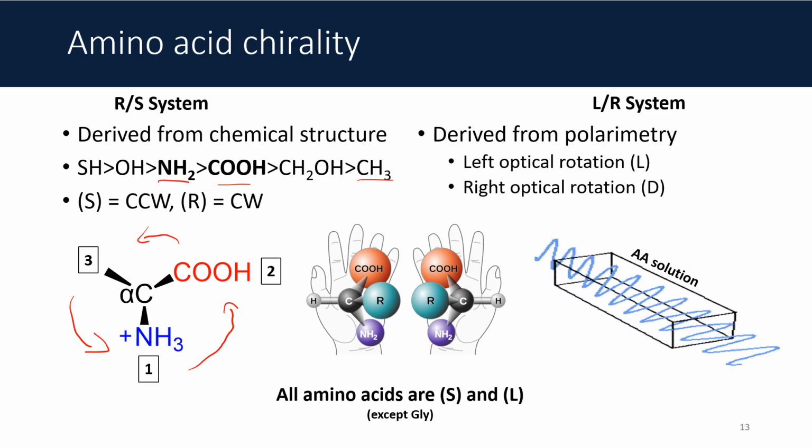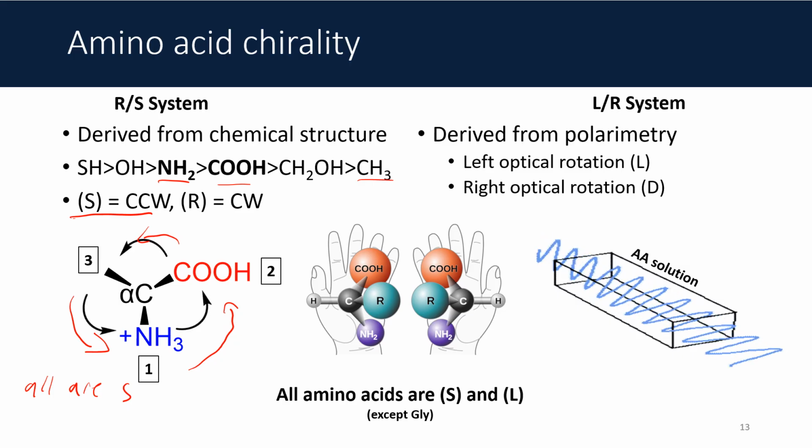That means we have an S amino acid. As a matter of fact, all amino acids are S. This can get tricky because there are some amino acids, like isoleucine, that have a second stereocenter in their R chain. And so the Cahn-Ingold-Prelog system is actually not a terrific tool for describing the chirality of amino acids.